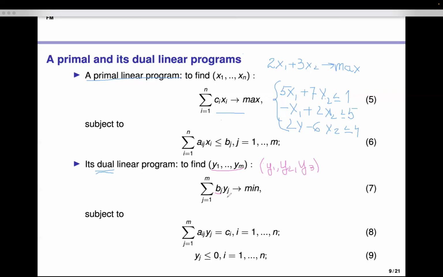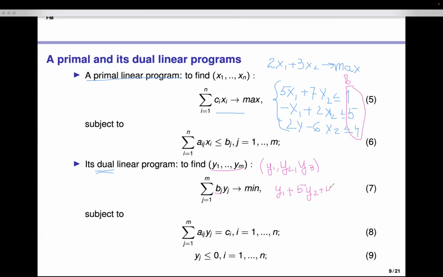So how can I write the objective function? It would be 1 times y1, because b is this vector. So plus 5y2 and plus 4y3.